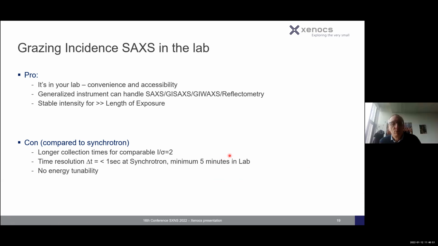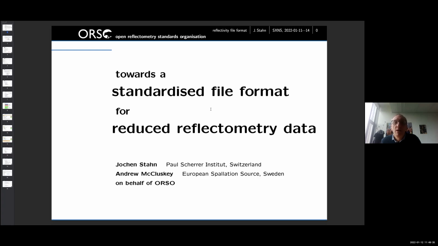In this session, which is a talk given, according to the program, by Jochen Stahn and Andrew McCluskey on behalf of ORSO, a very interesting initiative, the title of the talk is Towards a Standardized File Format for Reduced Reflectometry Data.